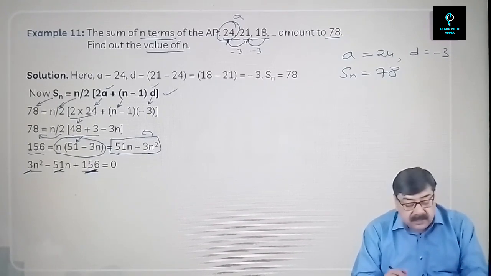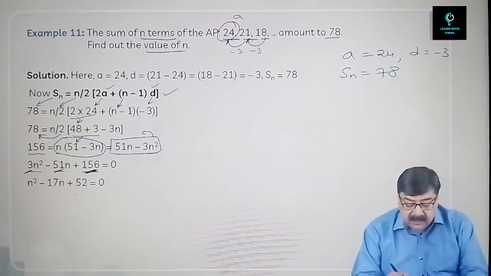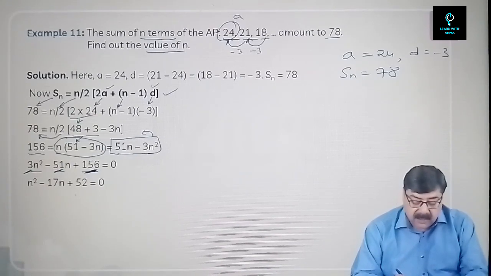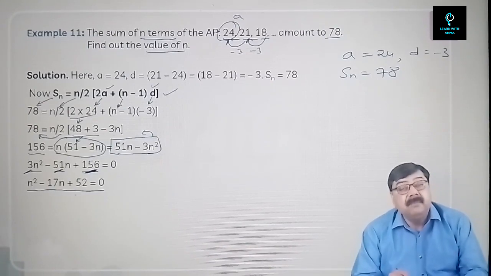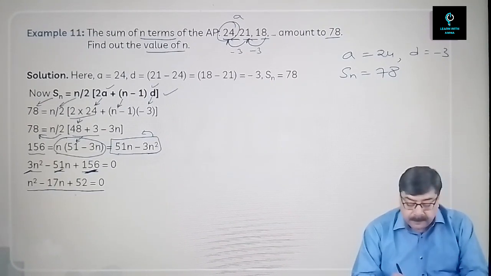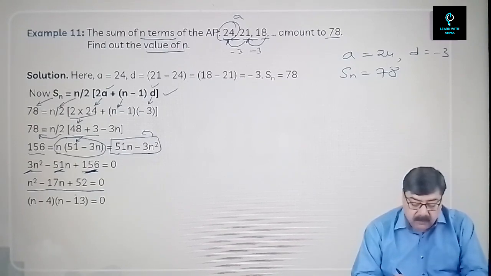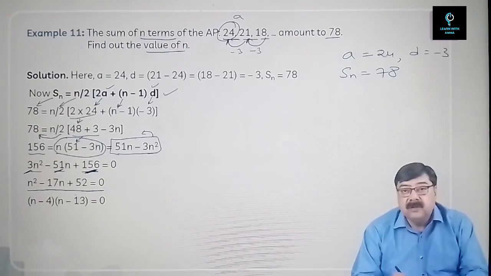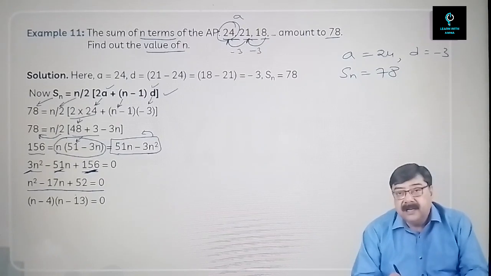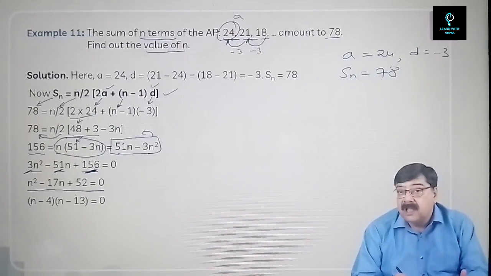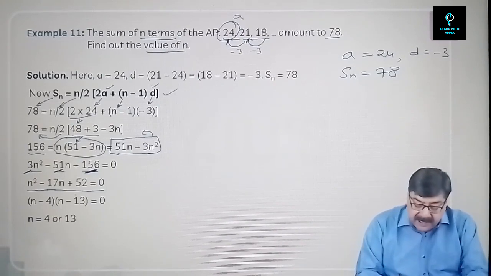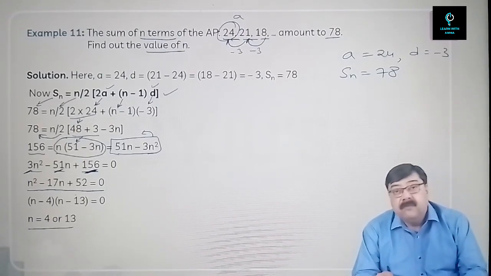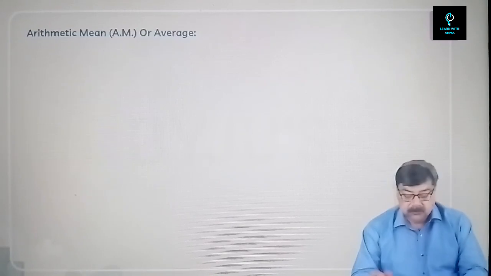So we will reduce this equation by dividing it by 3 to get the reduced form as n square minus 17n plus 52. Factorizing this, we know minus 17 is minus 4 minus 13, and 13 fours is 52. So the value of n here will work out to be either 4 or 13.